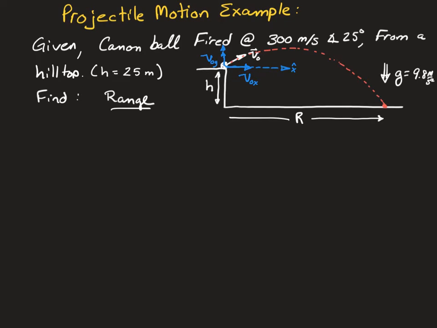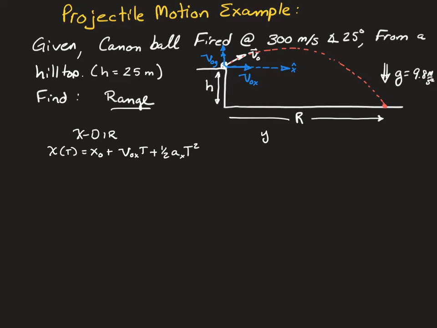So now I like to write down the equations that we believe we'll be using. So in this case, we'll have the x direction, and we'll have x as a function of time of flight equals x0 plus v0 in the x direction times time plus 1/2 acceleration in the x direction times time squared.